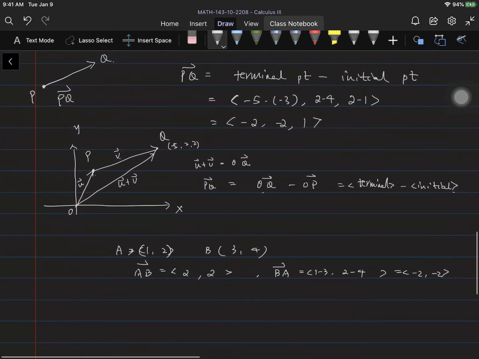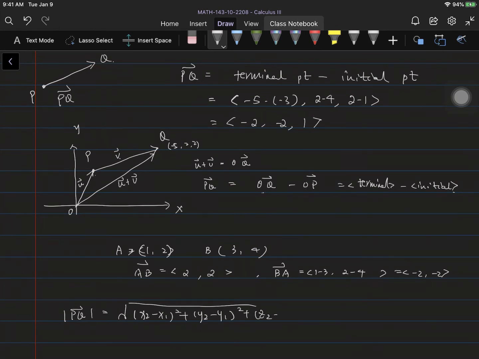Next, we are going to find the length of the vector. For the PQ vector, we just use the formula: x2 minus x1 squared plus y2 minus y1 squared plus z2 minus z1 squared, and now plug in those points.